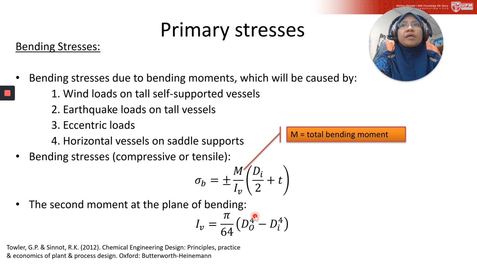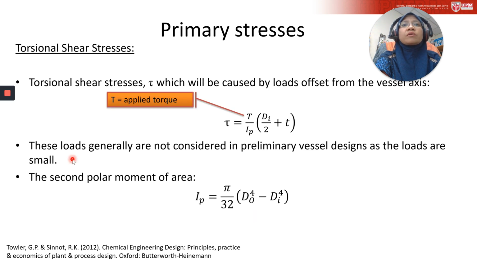Let's look next at torsional shear stresses. Torsional shear stresses are caused by loads offset from the vessel axis. These loads will normally be small and need not be considered in preliminary vessel designs.